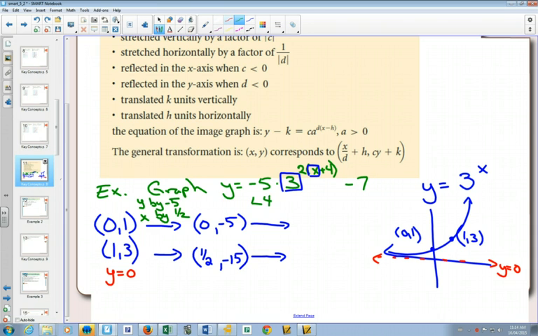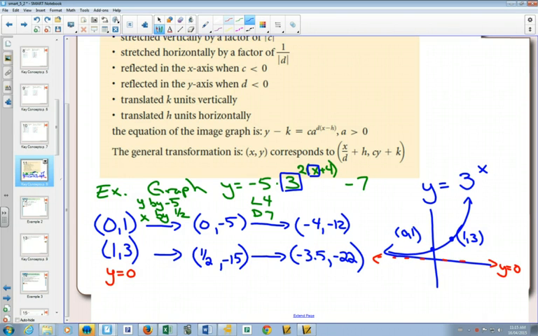Left 4. And the 7, down 7. So now if I go left 4, I'm going to go -4, and down 7, -12. Left 4 will give us -3.5, and down 7, -22.